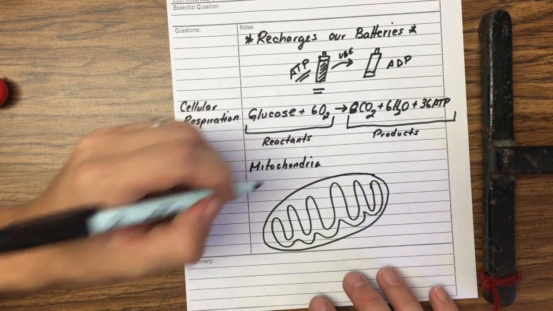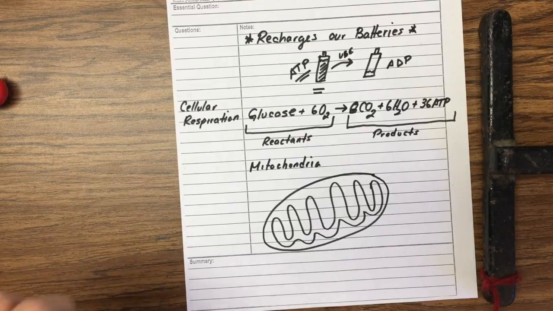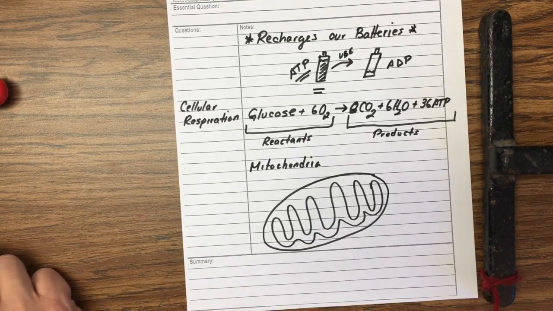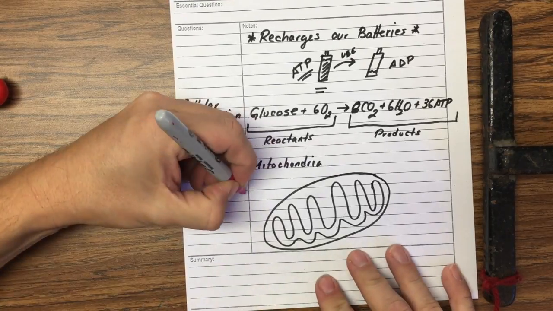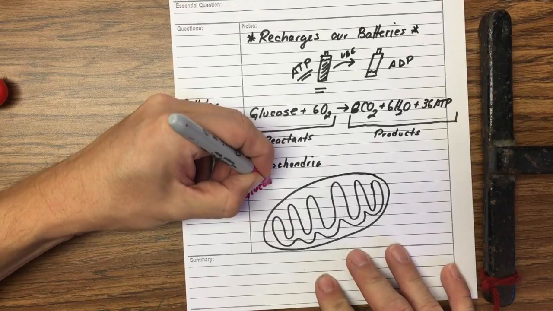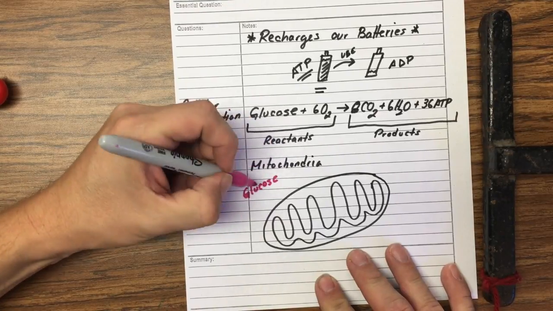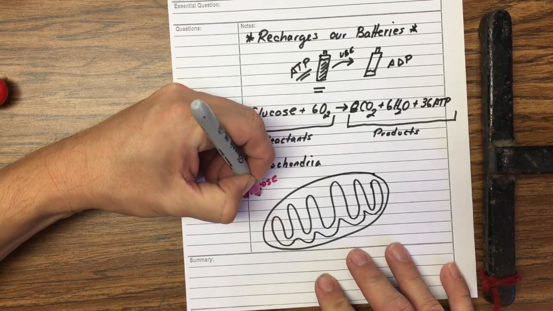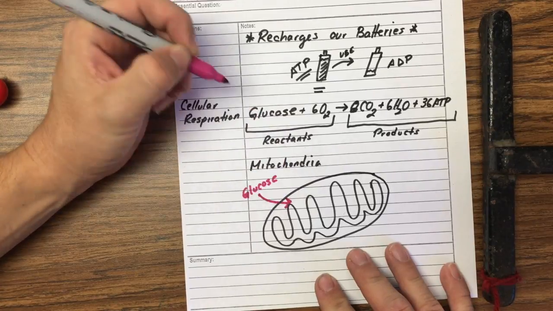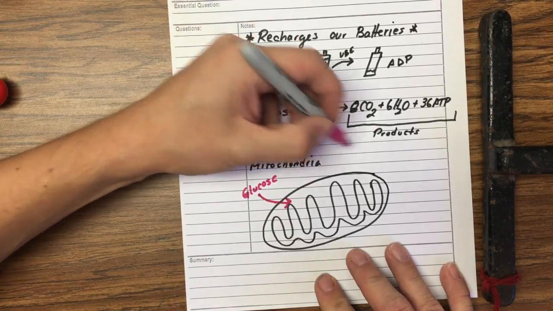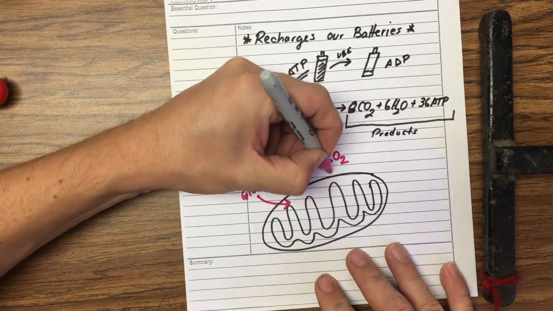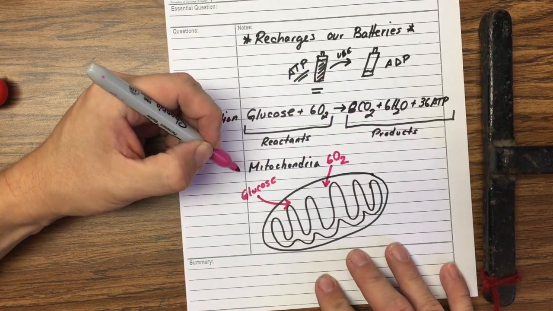The mitochondria literally takes in the glucose that you eat. The glucose that we eat goes into our blood, then in our blood it goes to our cells, and into our cells, and then into our mitochondria. The 6 O2s go into our mitochondria as well.